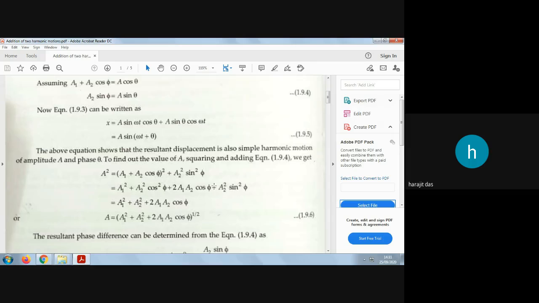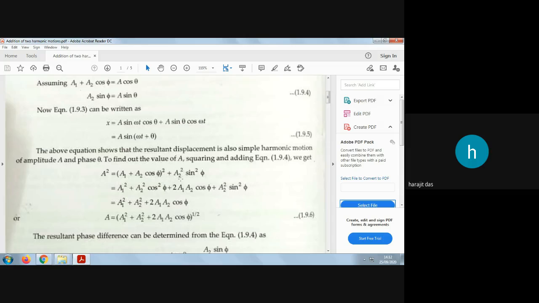Now if you split these terms, a square plus b square plus 2ab gives a1 square, a2 square cos square phi, plus 2 a1 a2 cos phi.